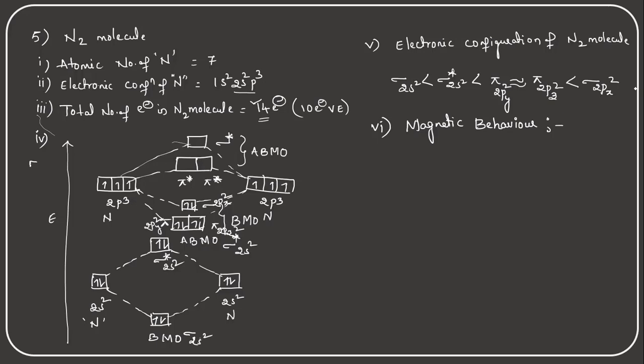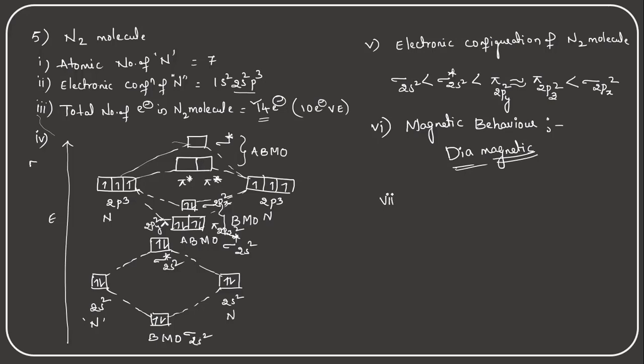Because of the absence of unpaired electrons, the N2 molecule will be repelled or unaffected by the external magnetic field. This property is called diamagnetic property, because all electrons are paired and there are no unpaired electrons, so this is a diamagnetic substance.